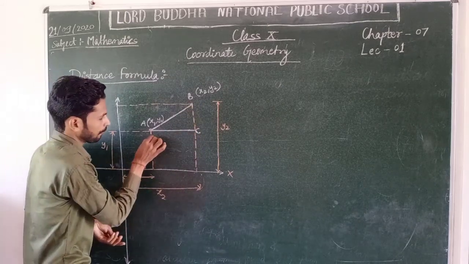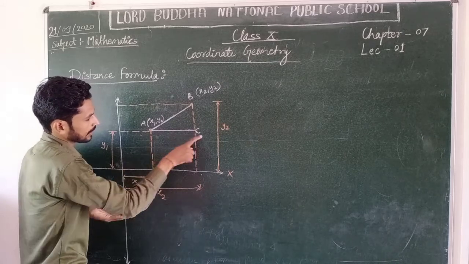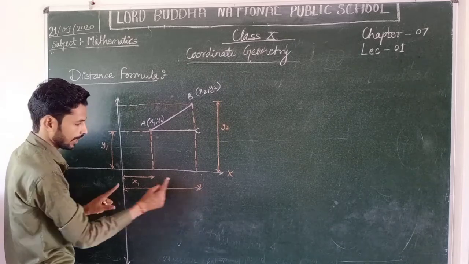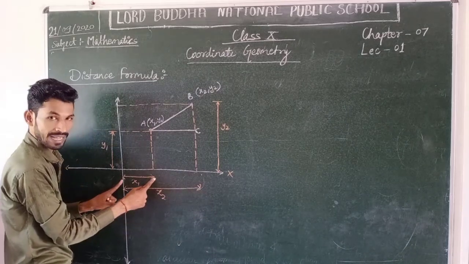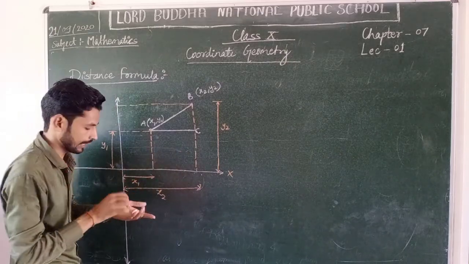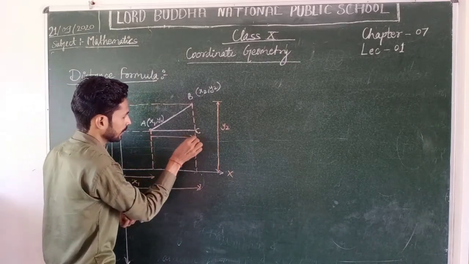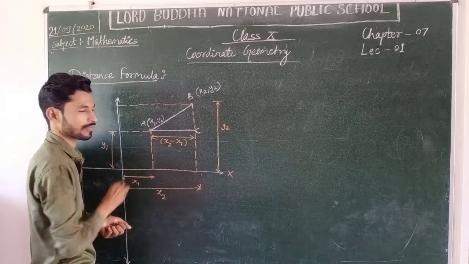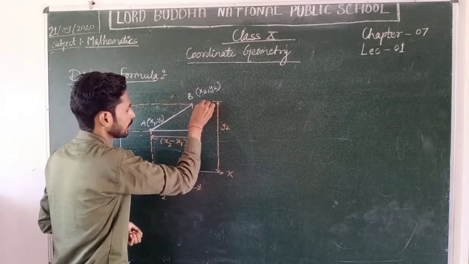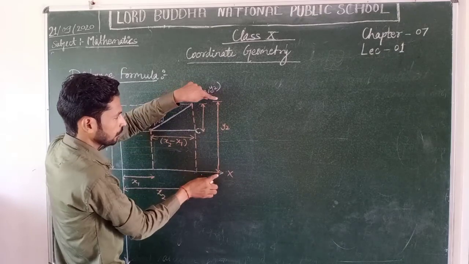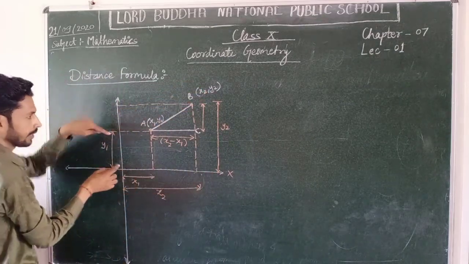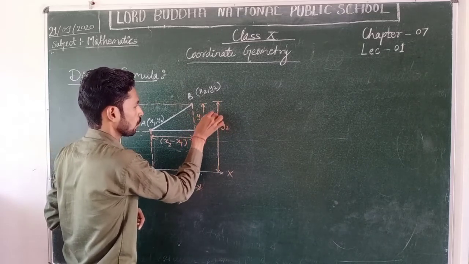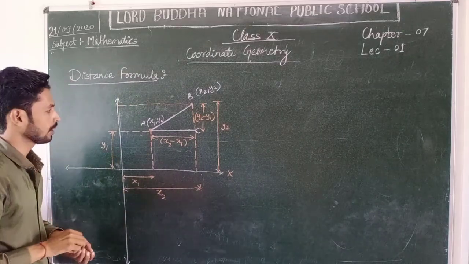So for the value of AC, we know that if the total value is x2 and we subtract x1, then that will be x2 minus x1. So right here, this length will be x2 minus x1. Okay, and this length, the total is y2 and this is y1, so that will be y2 minus y1. Clear?